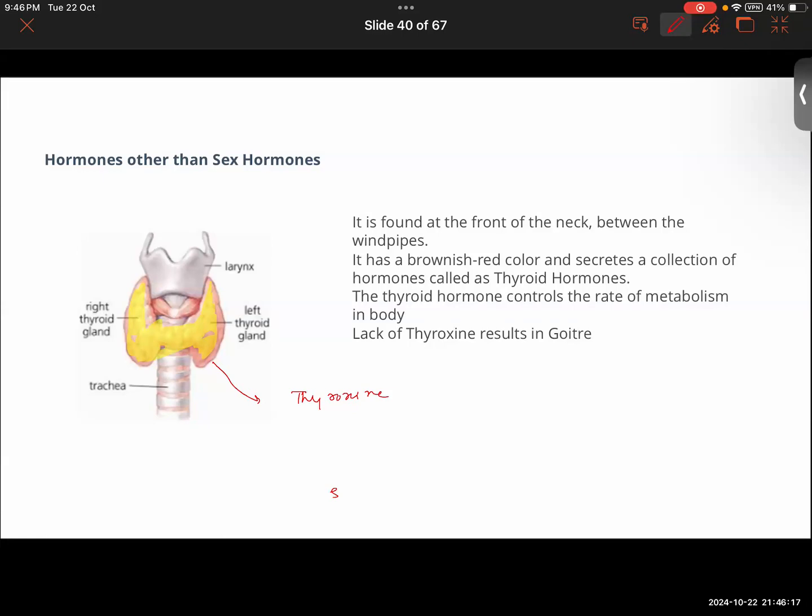Okay. Right now we are discussing the thyroid gland. It secretes thyroxine, and thyroxine is responsible for controlling the rate of metabolism inside our body.